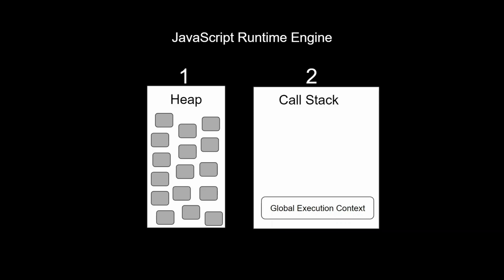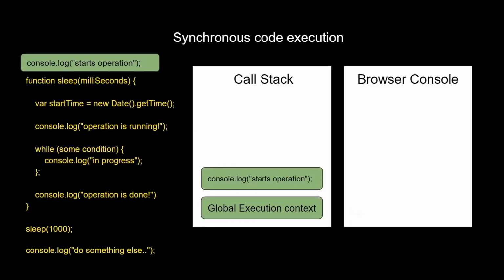In the call stack, you will see that there is a global execution context, which you can say is like a main method, and we are going to take the same example which we saw in our Visual Studio Code. You can see that we have the same example here, and the code execution will happen line by line, starting from the first console log, which is the start operation.